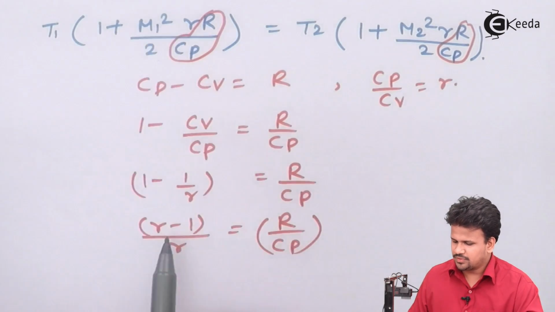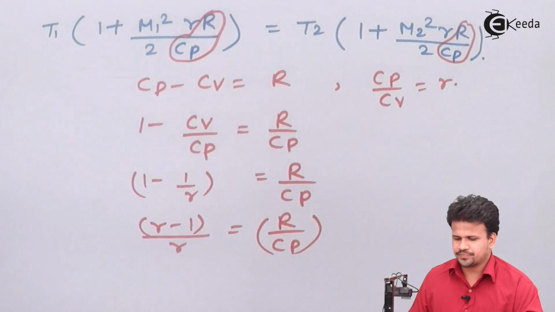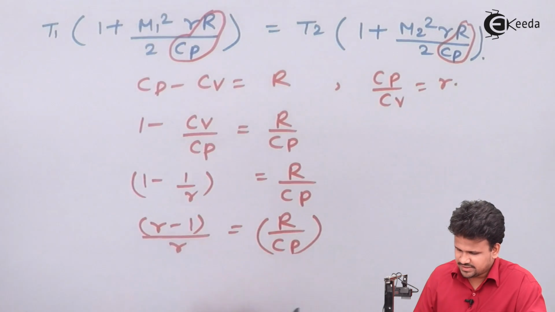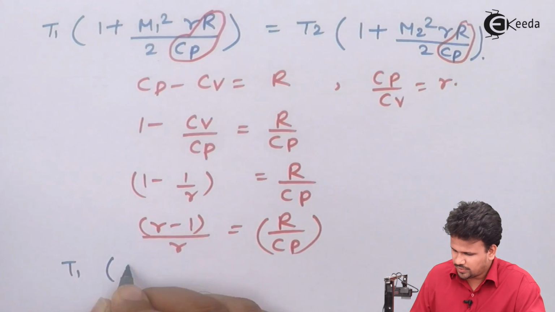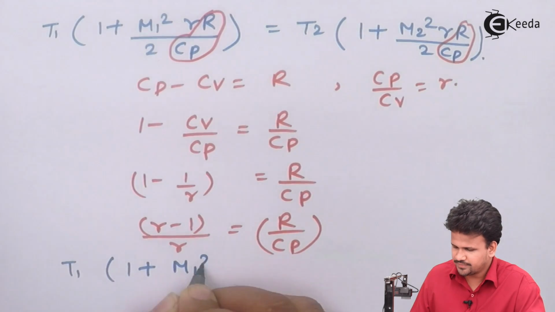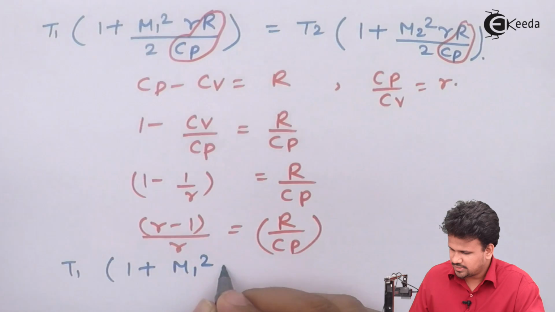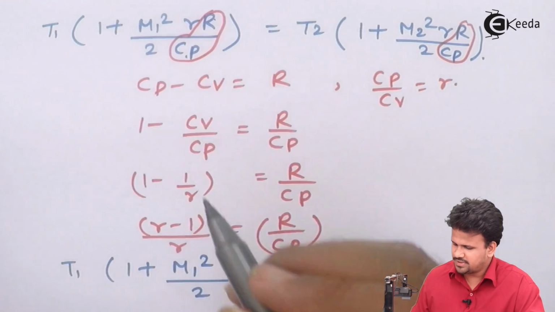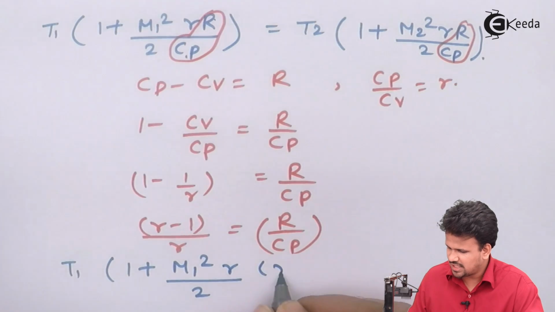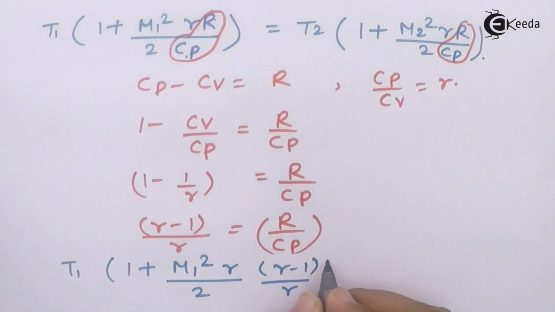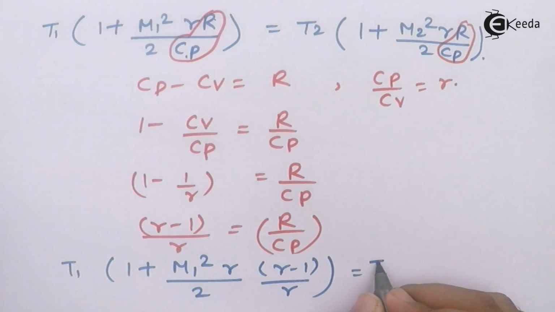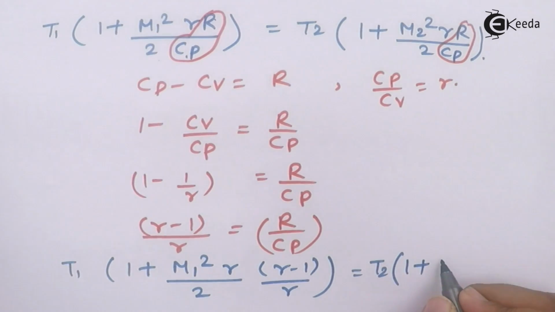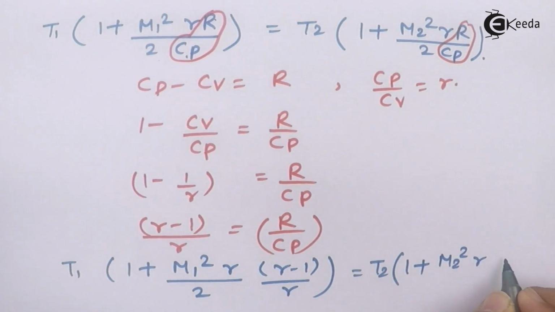M1 square into gamma minus 1 upon 2. So we can write this equation as T1 into 1 plus M1 square into gamma upon 2. Instead of R upon Cp we can write gamma minus 1 upon gamma, is equal to T2 into 1 plus M2 square into gamma upon 2 times gamma minus 1 upon gamma.